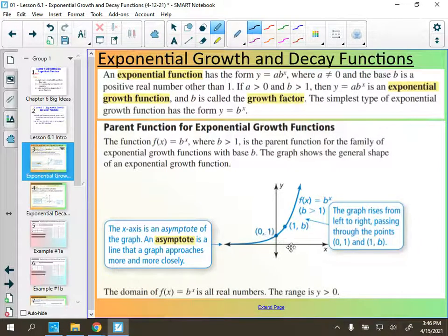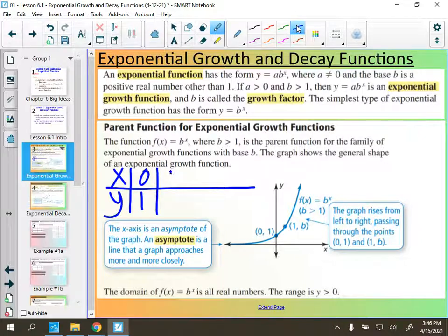If I was making a table, I plug in a 0, I get 1. If I plug in a 1, I get b to the first power, which is b. So whatever that base is. Plug in a 2, b squared. So the numbers are going to shoot up really quick. If you've heard of growing exponentially, that's usually something that grows super quickly. That's how that graph would go.